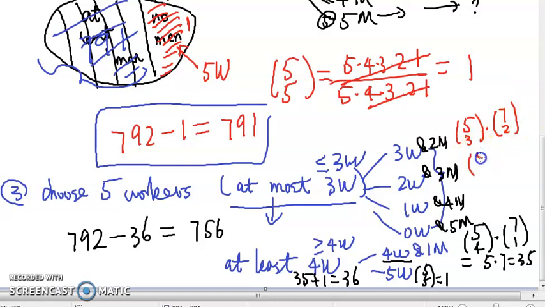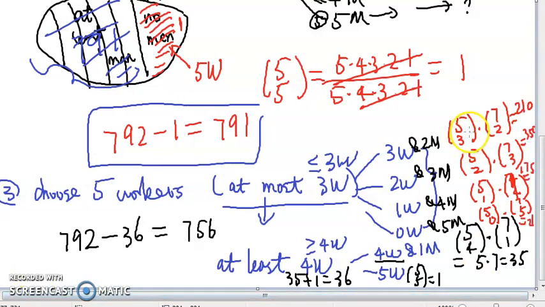And then for the second case, 5 women choose 2 women times 7 men choose 3 men. And for the third case, 5 women choose 1 woman, and 7 men choose 4 men. In the last case, we don't have to choose women. You can do 5 choose 0, which is 1, times 7 choose 5, and work each one out.